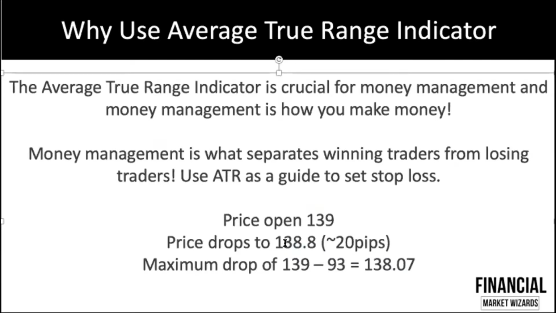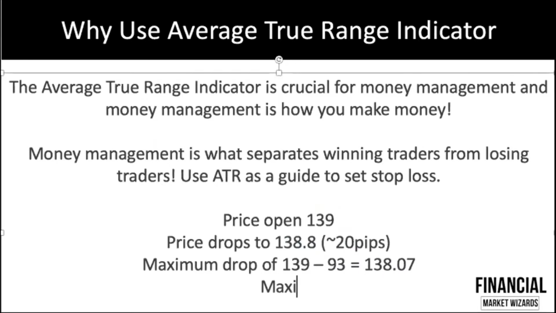Okay, so this is one of the many ways you can use ATR. The other way is also to set take profit. Let's consider that you are buying at 138 again. So the low for the day is 138.